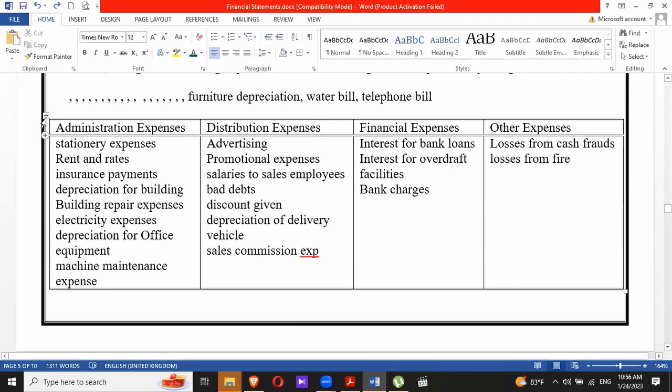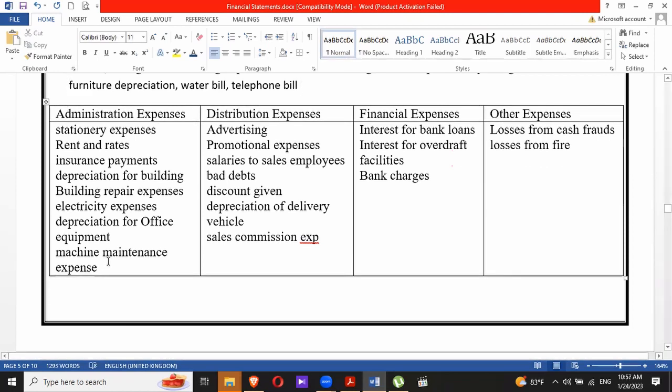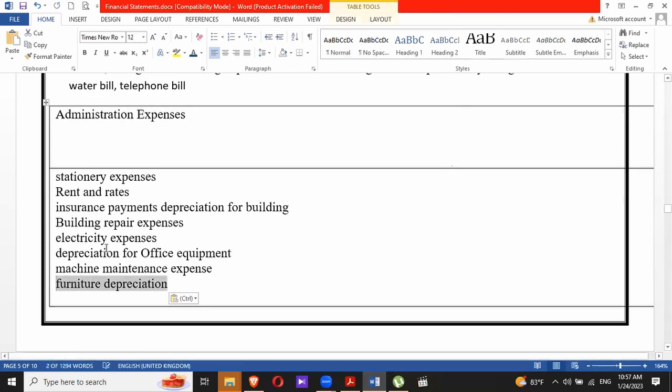Furniture depreciation comes under administration purpose.